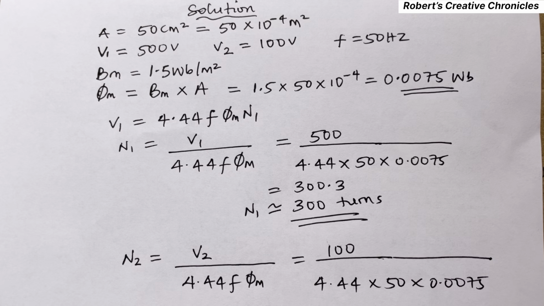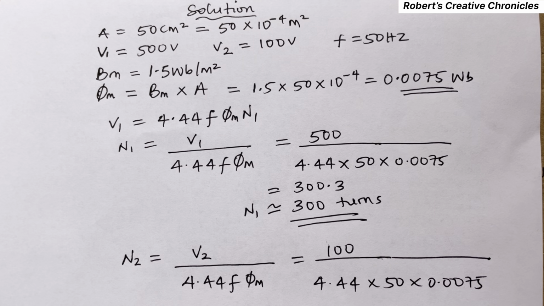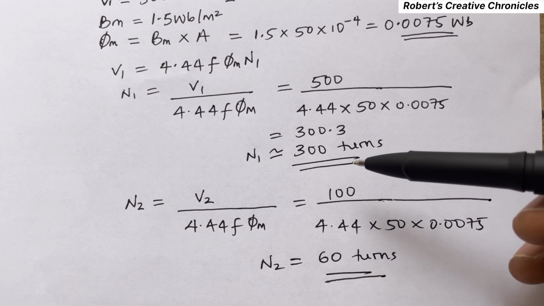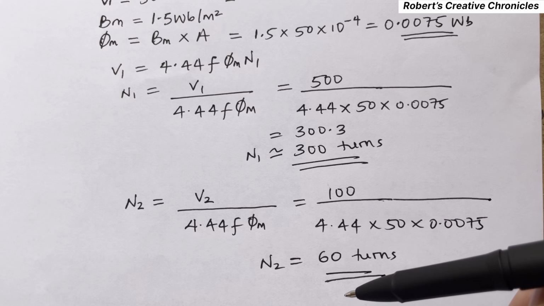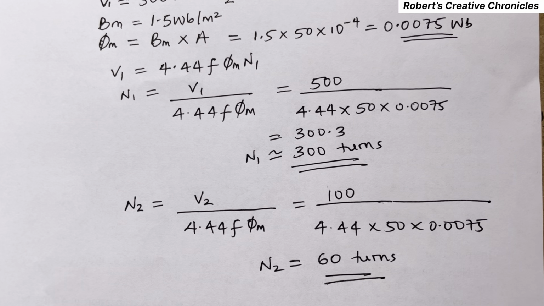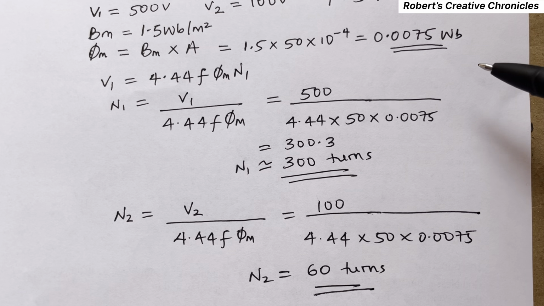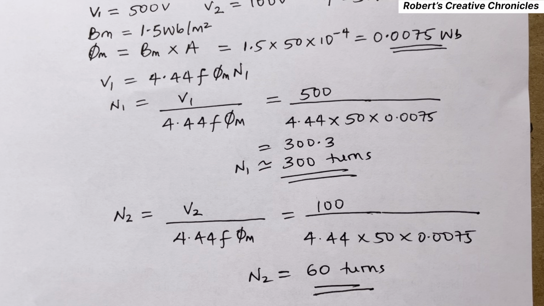So this is approximately 60 turns. So the number of primary turns is 300 and the number of secondary turns is 60. So that is all. This is how to find the number of primary and secondary turns in a transformer.